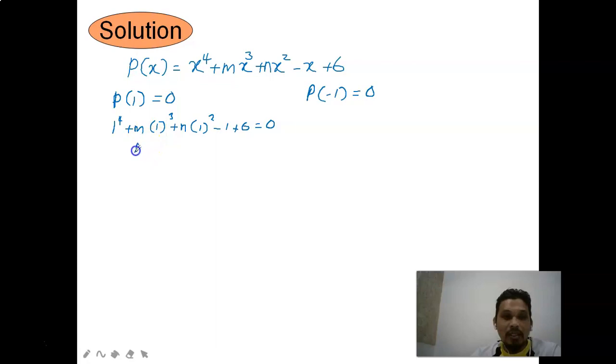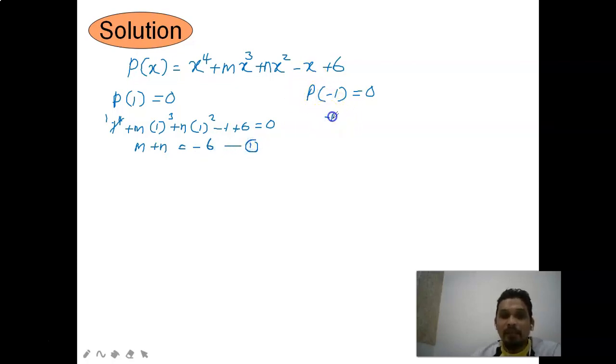Okay, m plus n. 1 minus 1 equals 0, plus 6 equals 6. Bring to the other side and it becomes negative 6. Equation 1.